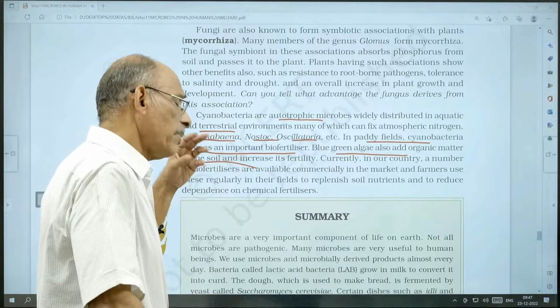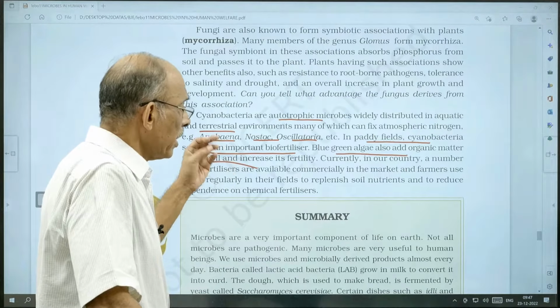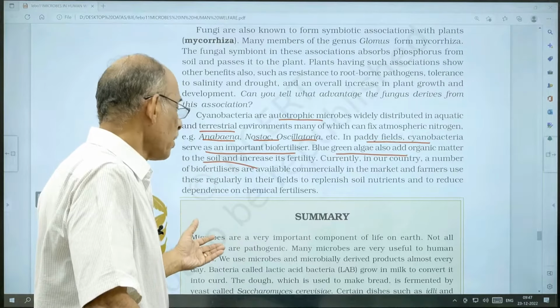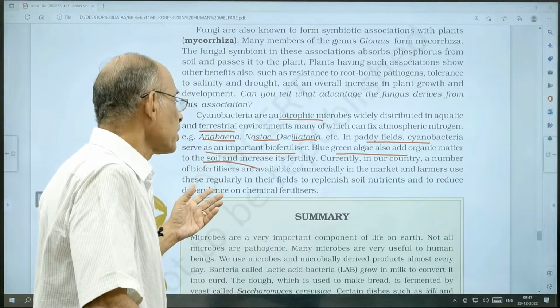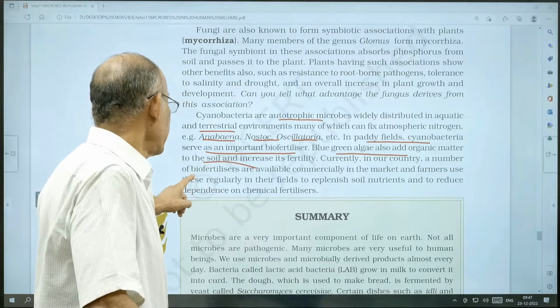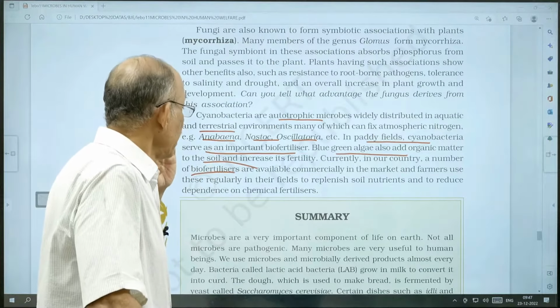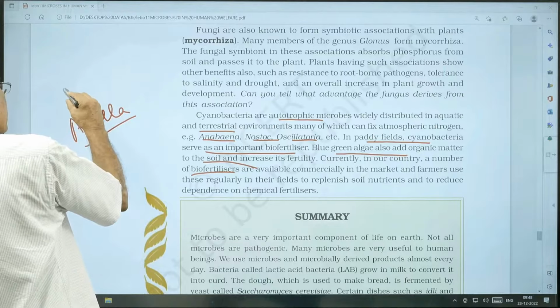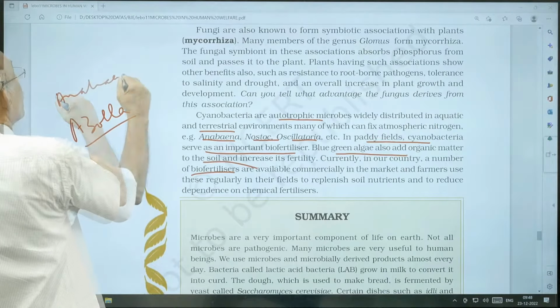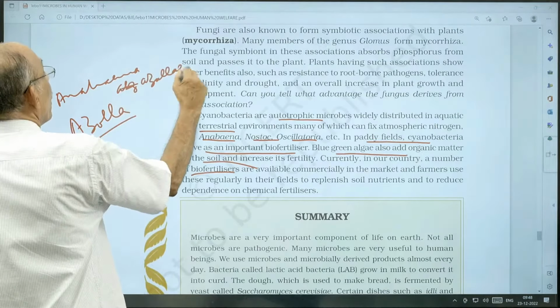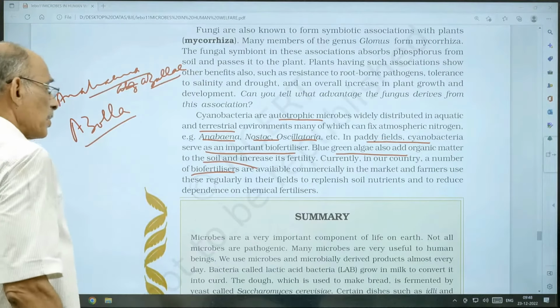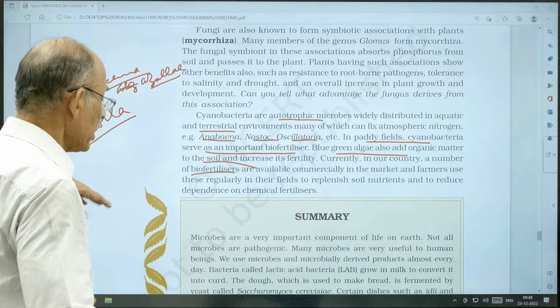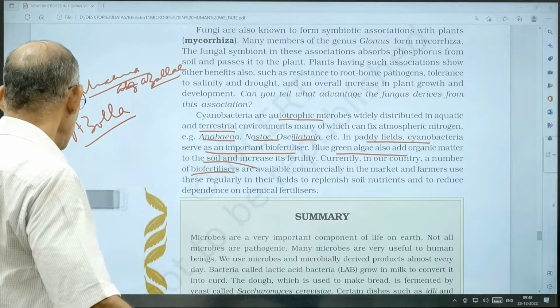When these cyanobacteria die, the organic matter is deposited in the soil, which also increases fertility. One such biofertilizer is Azolla. Azolla contains Anabaena, which can fix atmospheric nitrogen, and plant growth can be enhanced very much.